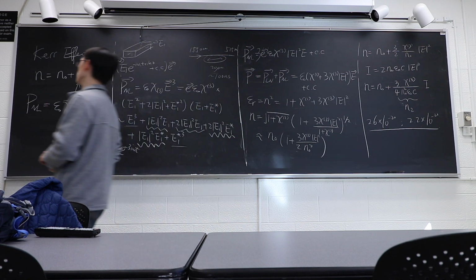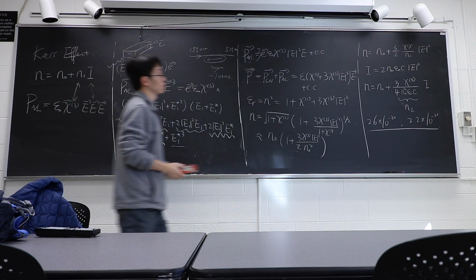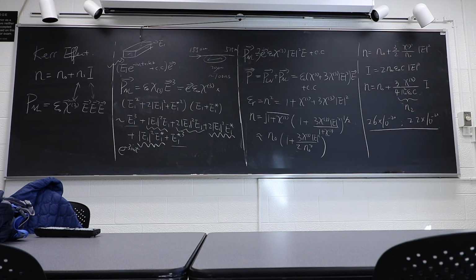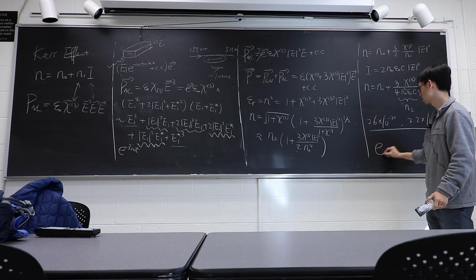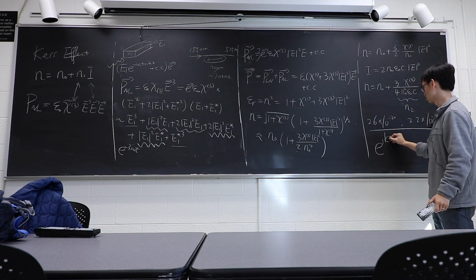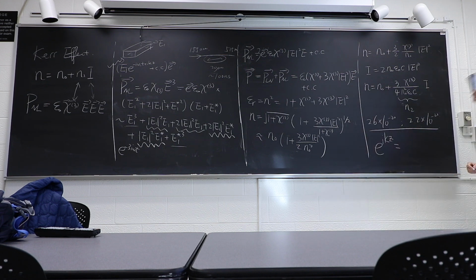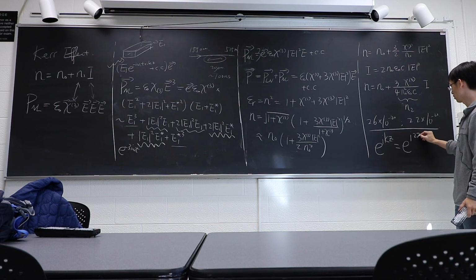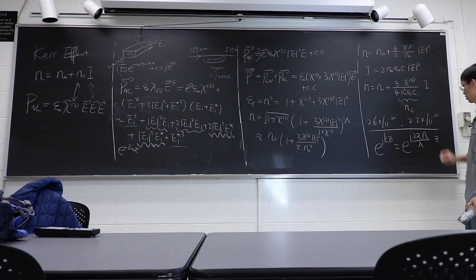Okay, so this is the simplest case. This one is also called self-phase modulation. The Kerr effect in this form is also called self-phase modulation. The reason is your phase when you propagate the light is 2 pi n over lambda times z, right?